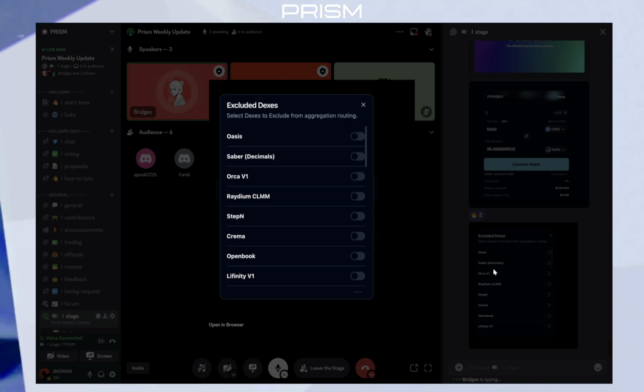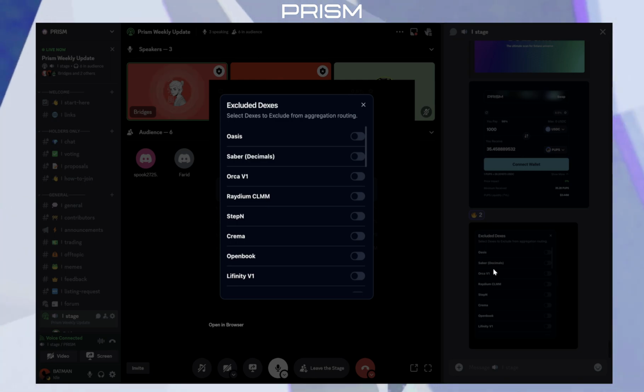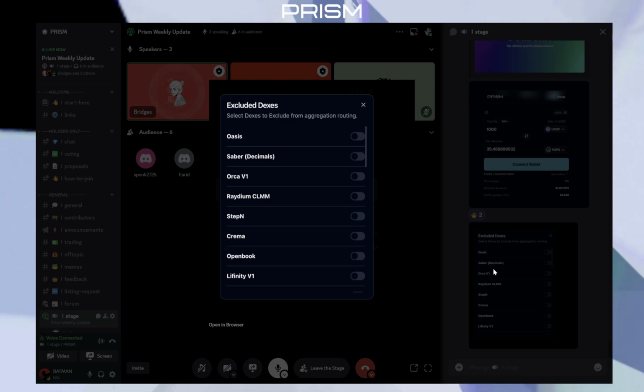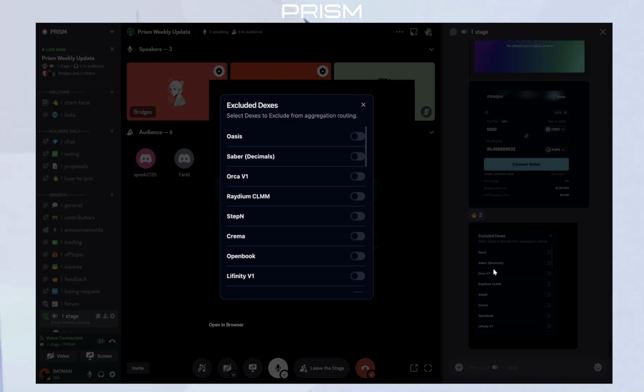The reason this is good is because if you're swapping frequently, some liquidity providers are buggy. For example, Meteora. When there is a lot of traffic and a lot of volume, Meteora transactions, for some reason that I've noticed, fail a lot.